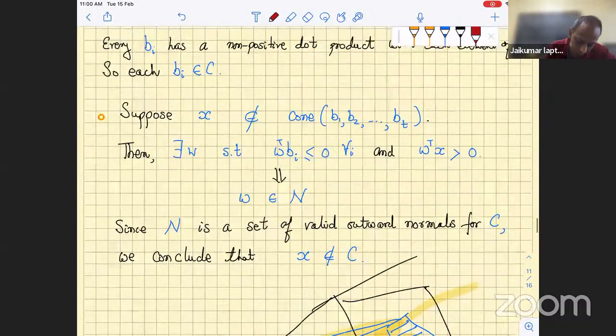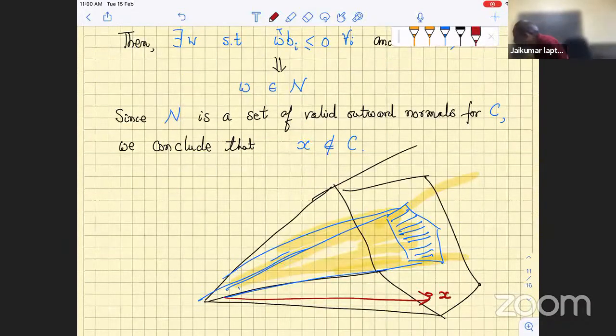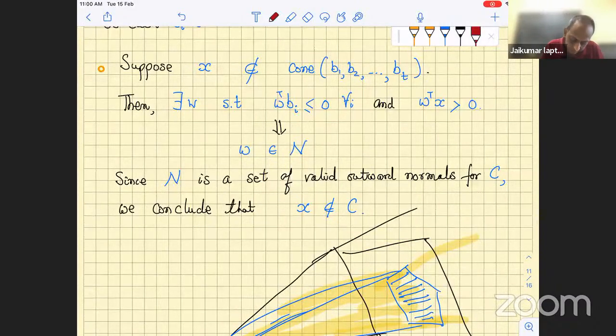So suppose there is a point X which is not in this cone generated by the BIs, and we want to claim that that point is also not in C. Anything that is not in the cone generated by the BIs is also not in C.